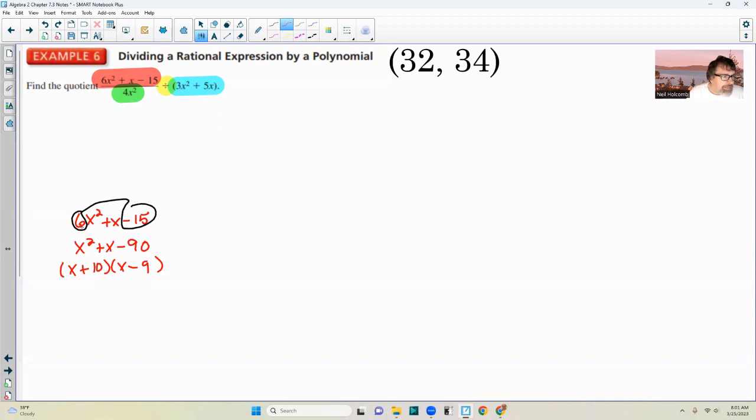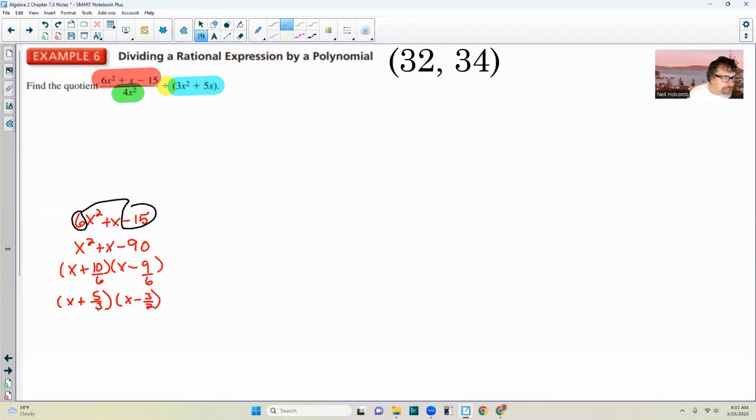Okay, but I multiplied by 6, so now I've got to divide by 6. I find this the easiest way to factor these, and then simplify, reduce: x plus 5 over 3, and x minus, and that's 3 halves.